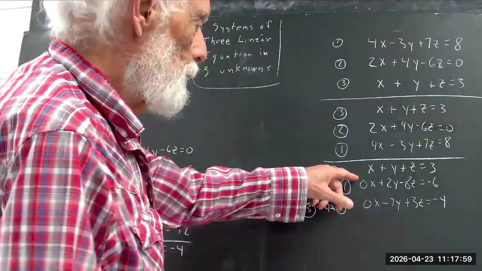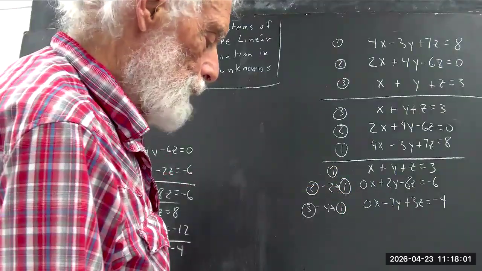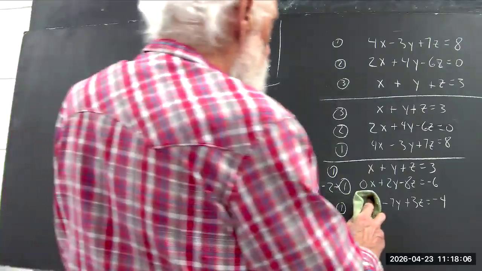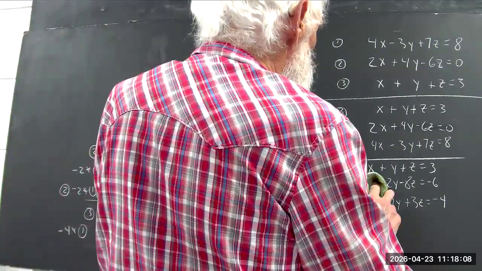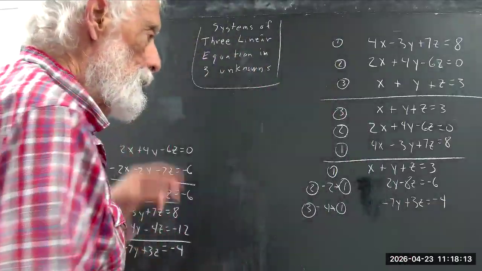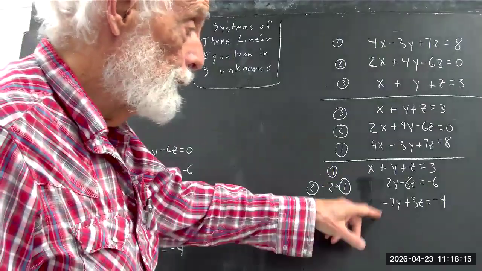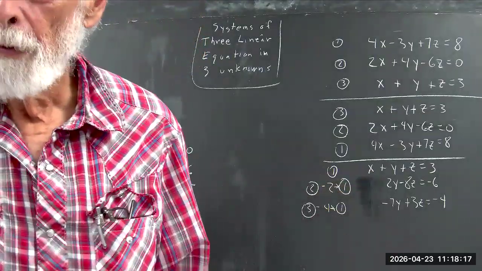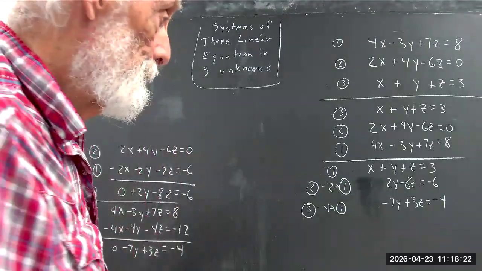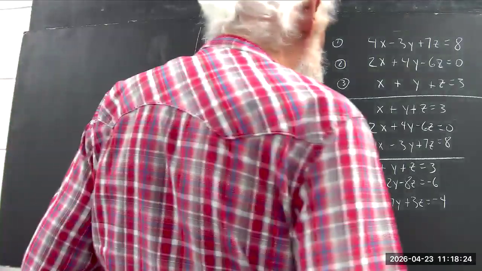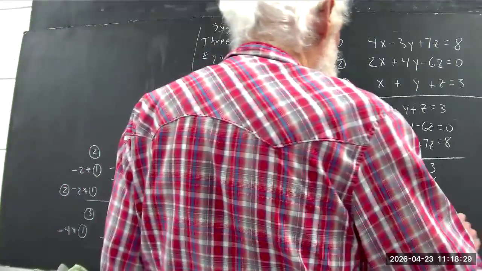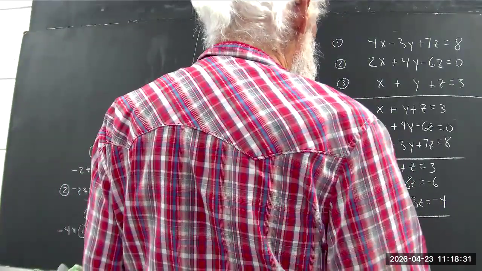Now I've written out the 0x in these last two equations, but I don't really need it. So I'm just going to go ahead and erase the 0x. We can clearly see that what we've got left now is two equations and two unknowns that we already know how to solve. Okay? So I'm going to put 3 dots.